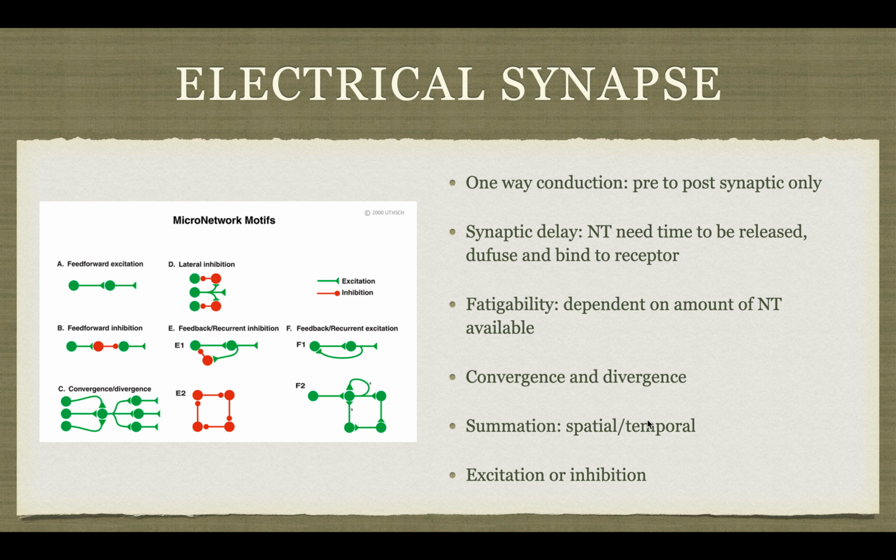Summation can be either spatial or temporal. Spatial is when a lot of signals coming from different axons come together, merge, and form one big signal. Temporal is many signals working together onto one. And they can either be excitatory or inhibitory.